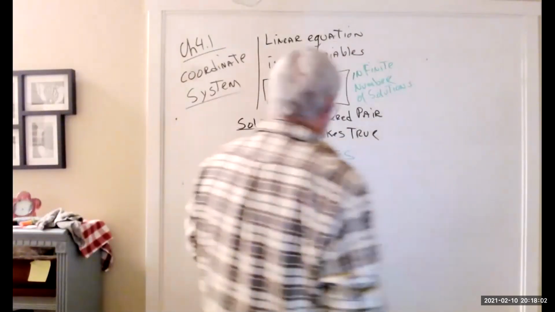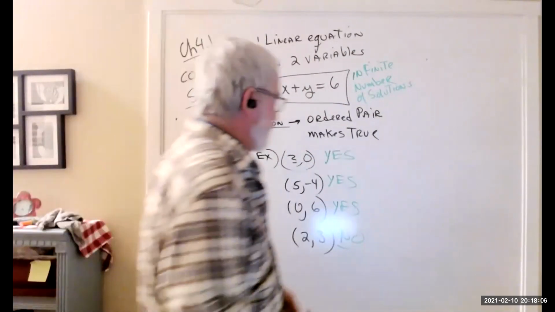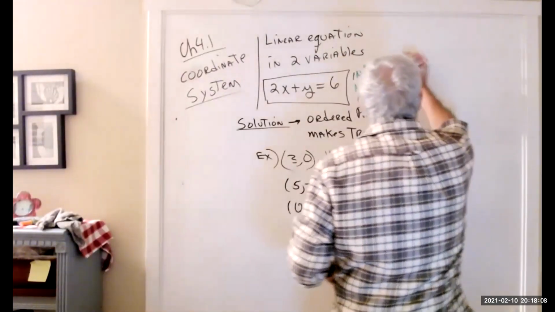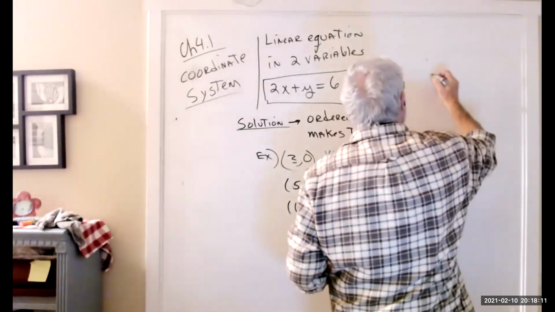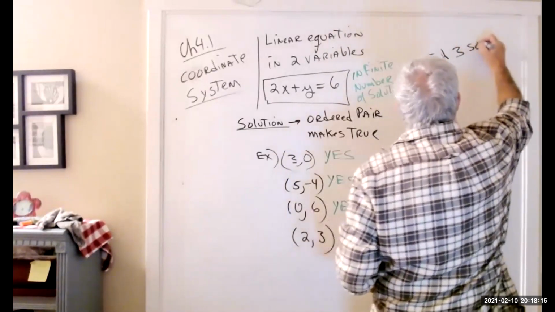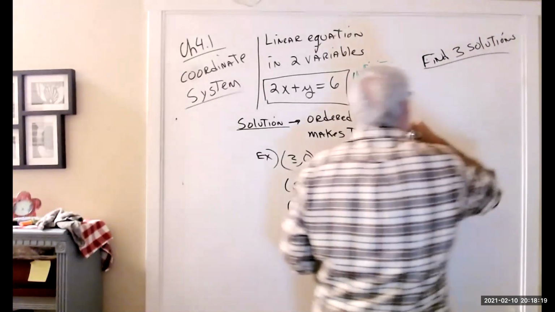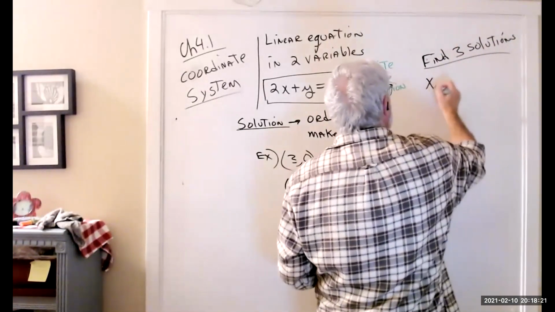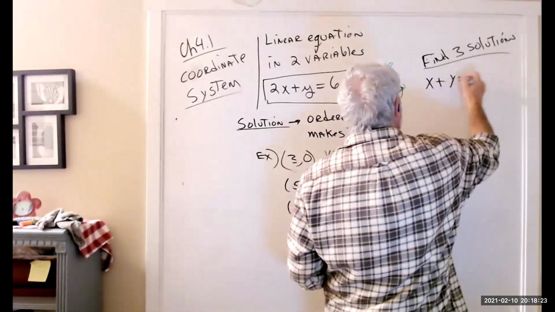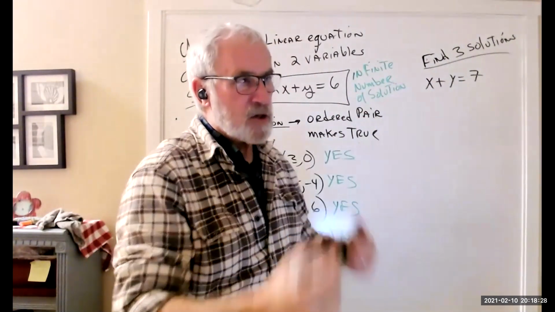So one of the things we ask students to do is find 3 solutions. And I'm just going to make up an easy problem: x plus y equals 7. Find 3 solutions.